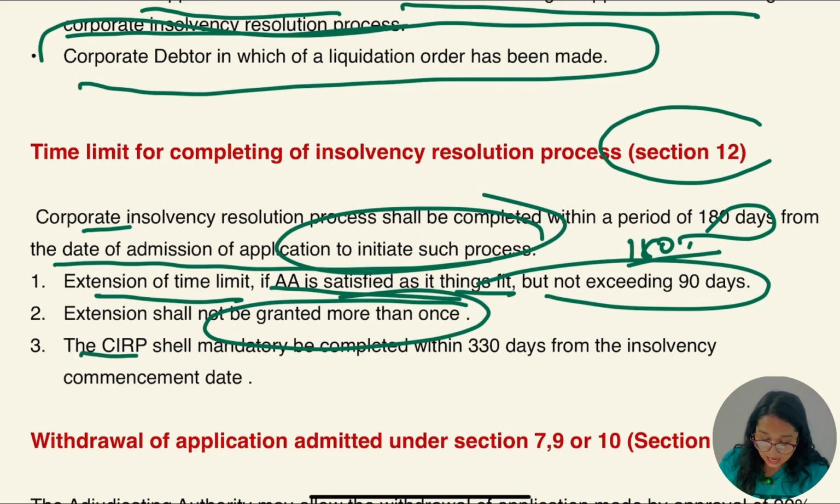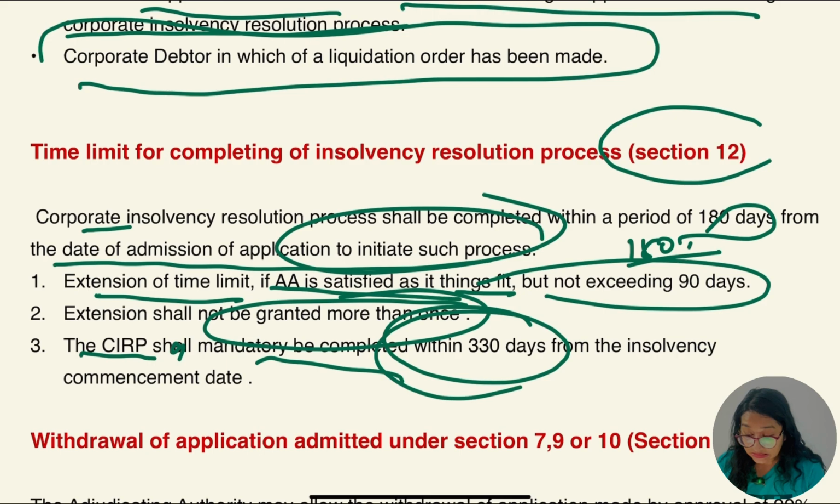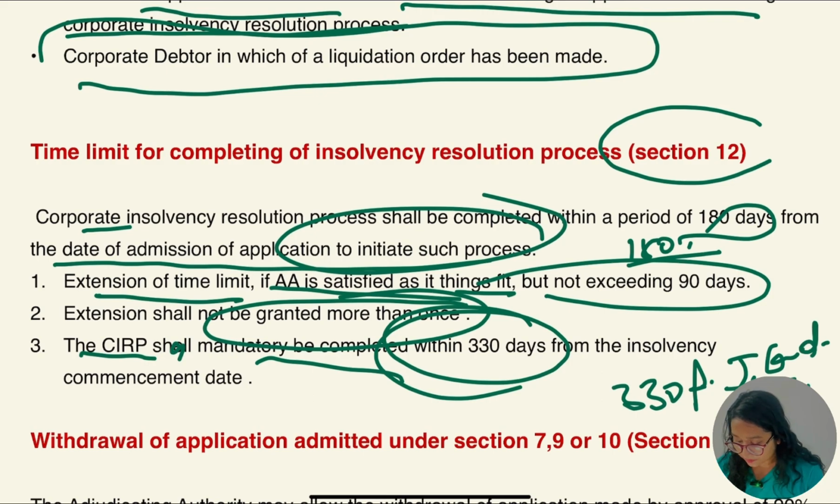CIRP shall mandatorily be completed within 330 days from insolvency commencement date, the ICD. So within 330 days the process should be completed. Hope this section was also clear to you.